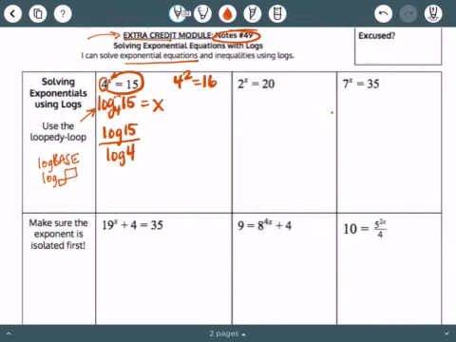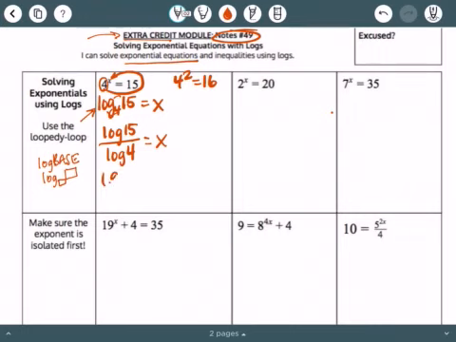The log of the top one over the log of the bottom one. And that's going to give me what my x is. So in this case, I'm going to type in log of 15 divided by log of 4 in my calculator, and I'm going to get 1.953.